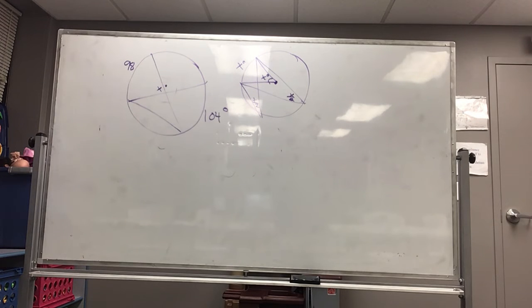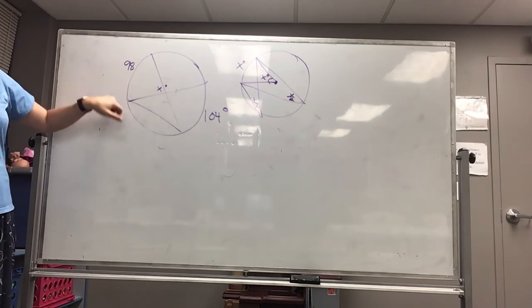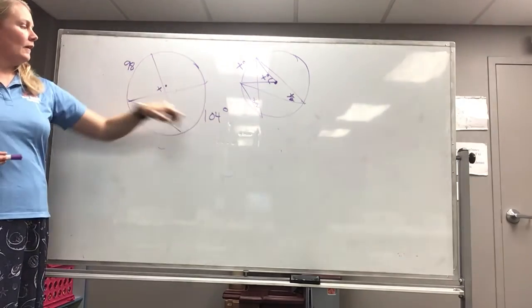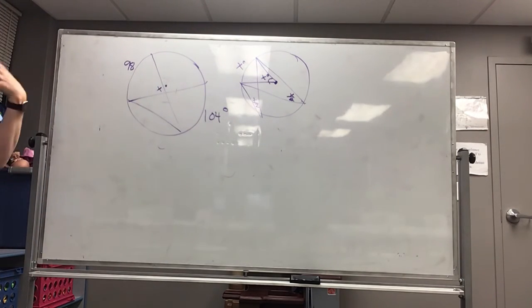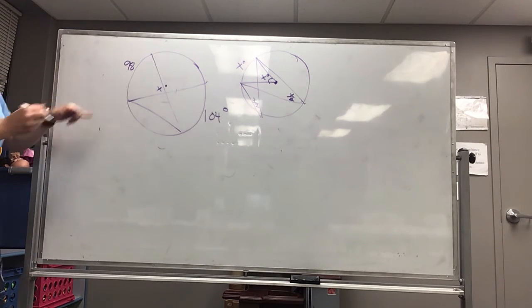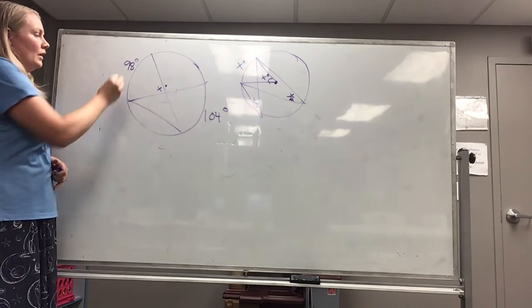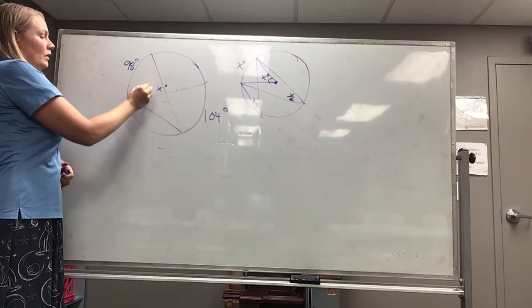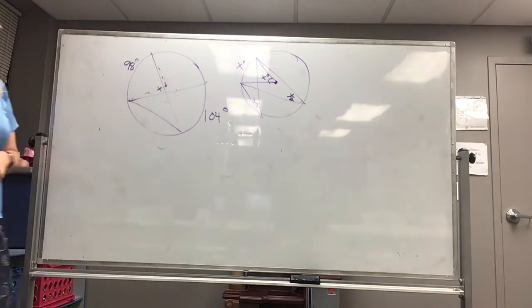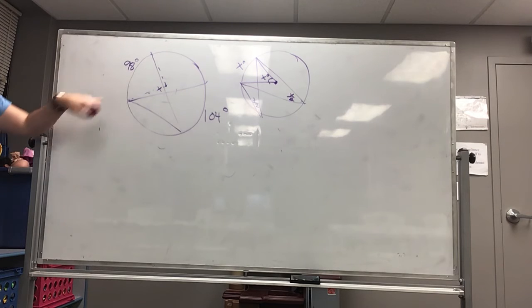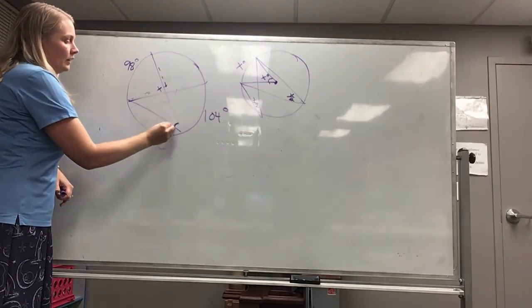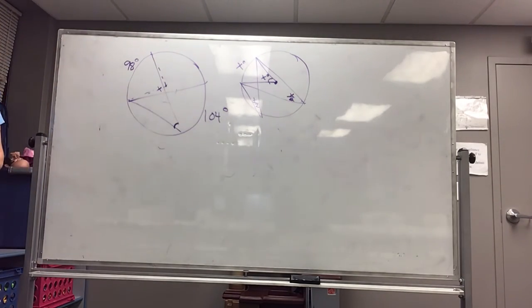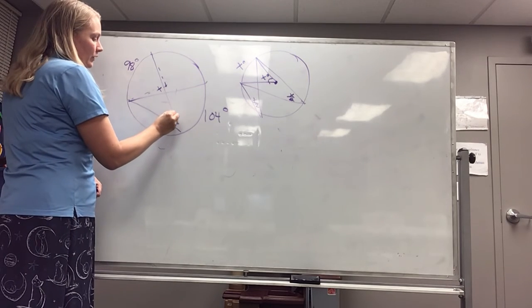And so, this is an interesting one because they're giving us two arc measures. They're asking us to find x, but we don't have any other information. But if this is 98 degrees, then this arc of the circle is also 98 degrees, and this angle right here is exactly half that, or in other words, 49 degrees.